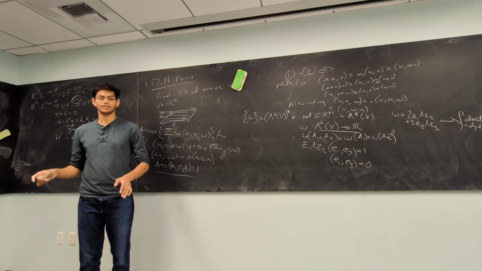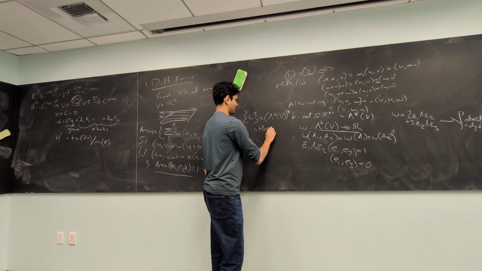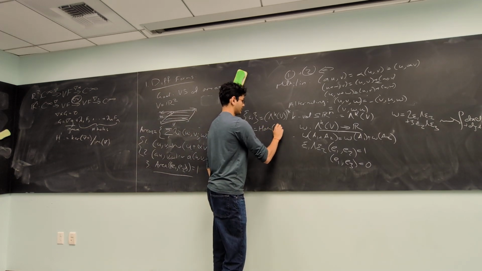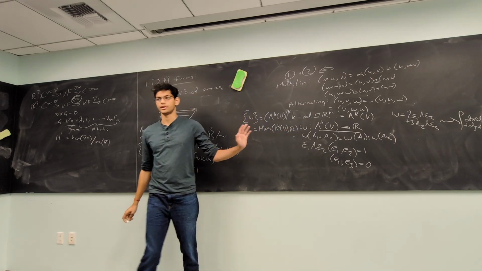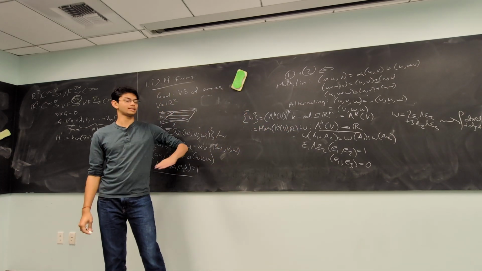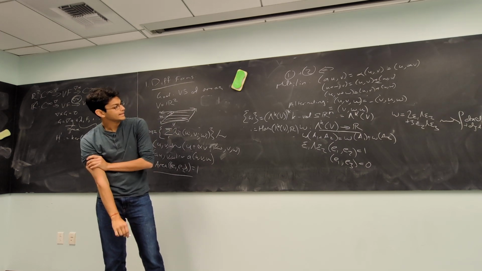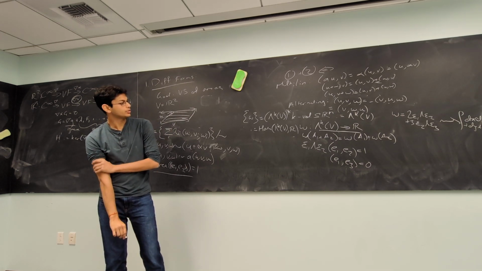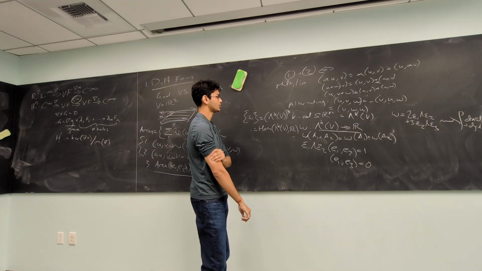Okay, a dual vector space is the homomorphisms from lambda k v to R. So just linear maps from your vector space to R, and you can think of these as row vectors, for example.